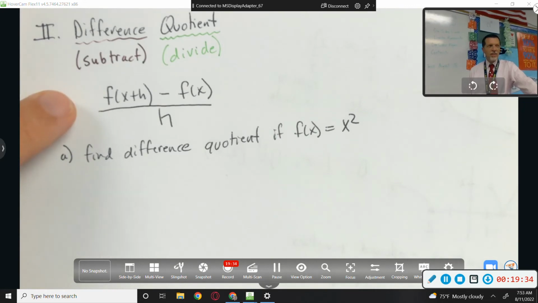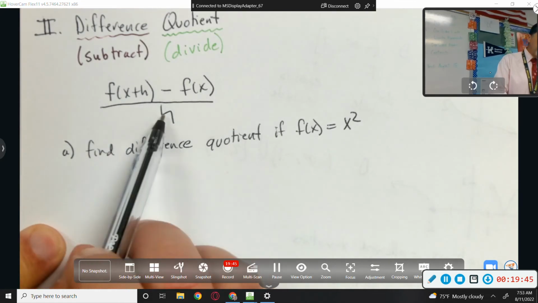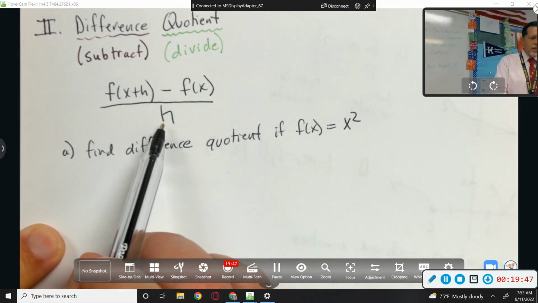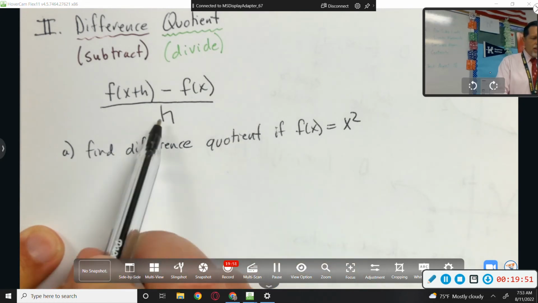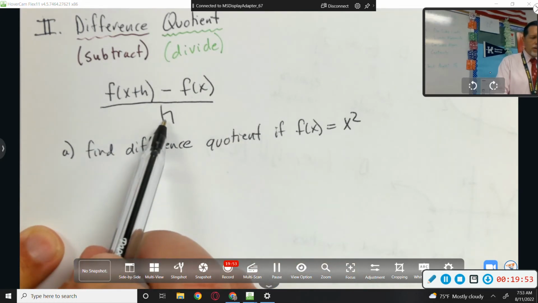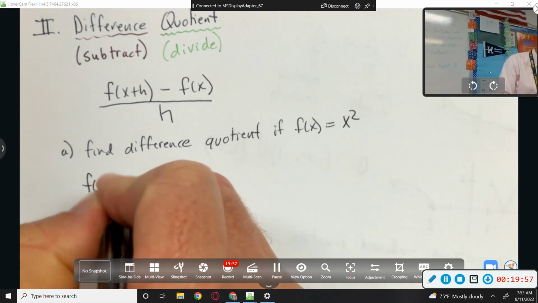The rest of it is algebra that in theory you know how to do. So the rest is just, how are your algebra skills? Because I need to find basically all 3 of those pieces and then we'll put them together. Now the good news, I gave you one of the pieces, f of x. H is just the letter h, so we're good there. So the big thing is to find f of x plus h.